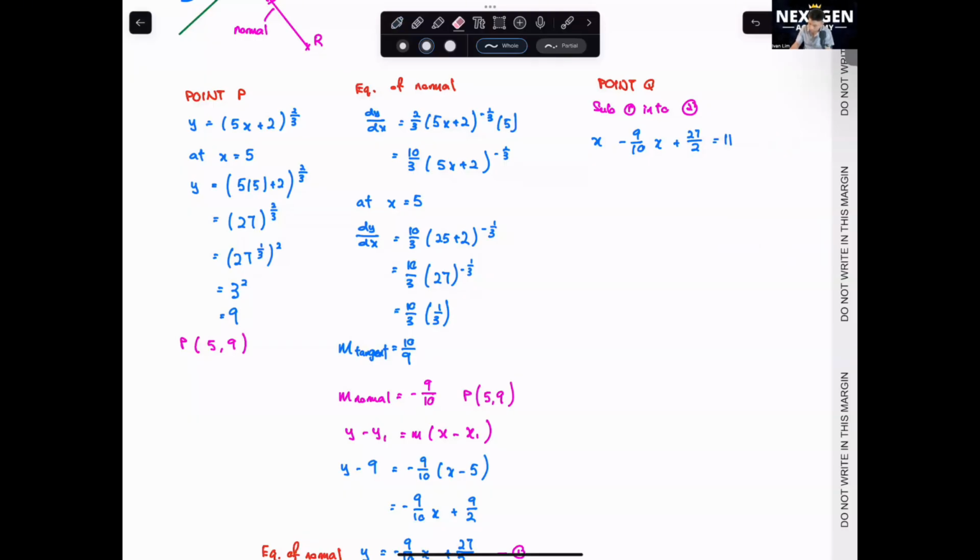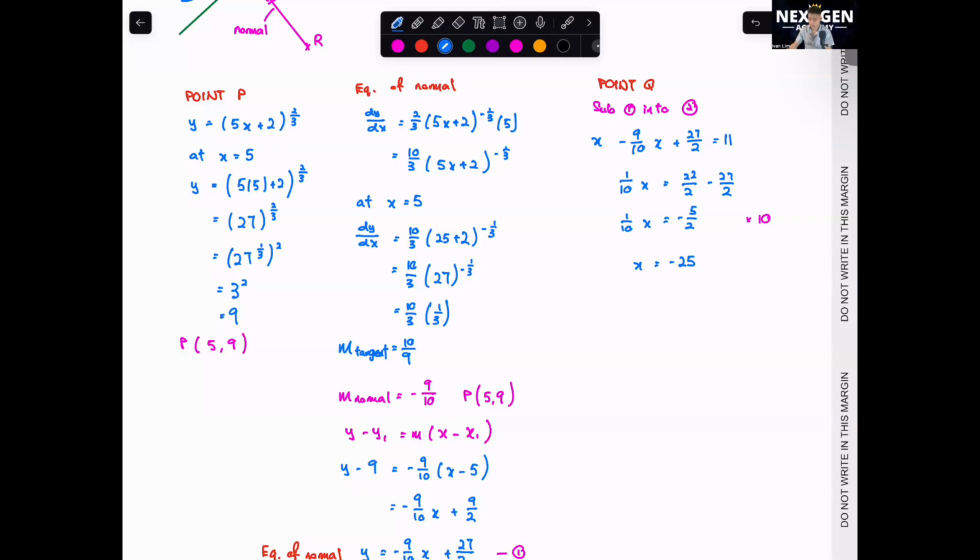X minus 9 over 10 x, this will be 1 over 10 x equals 11 minus 27 over 2. 22 over 2 minus 27 over 2 is minus 5 over 2. Then multiply it by 10. So here will become x equals minus 25.